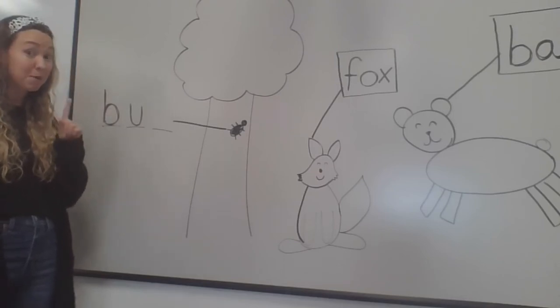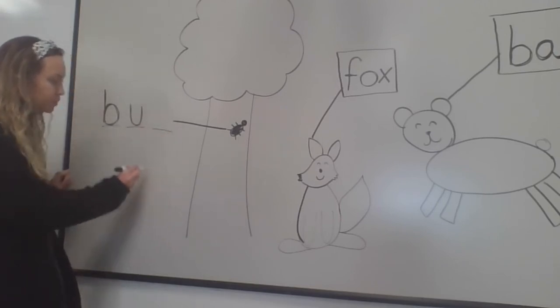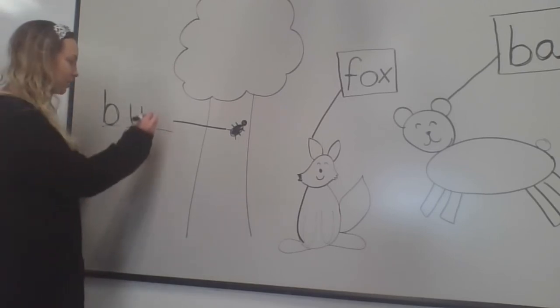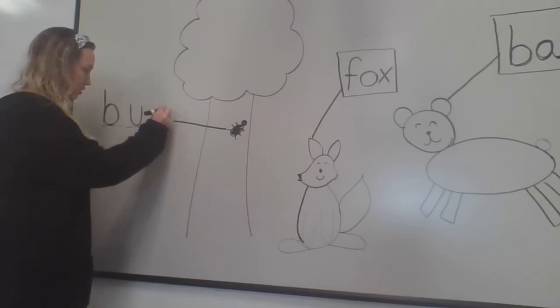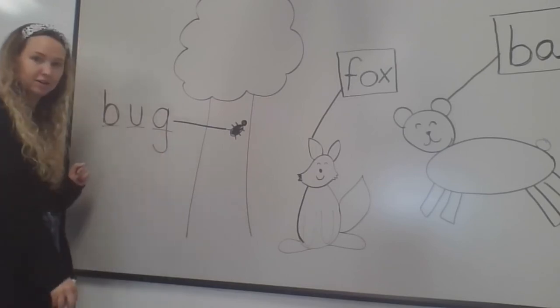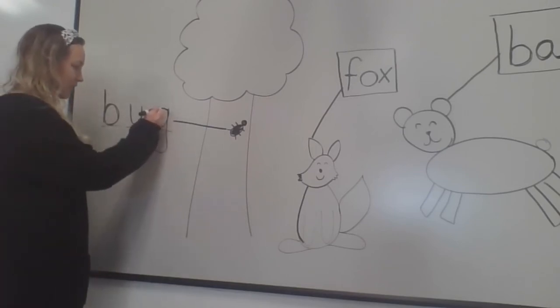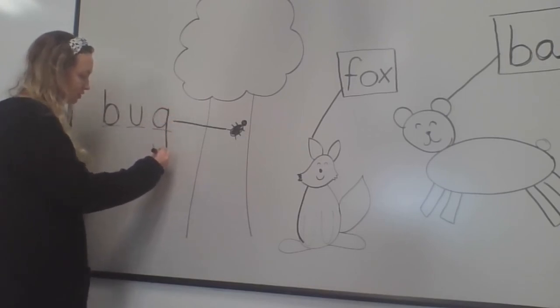We should write letter G. And remember, letter G is one of those silly ones that has the tail that drops below the line. So let's go ahead and write the letter G. First the circle, then we drop down, give it a little tail. Okay, can you go ahead and write that on your paper? I'll make mine darker so you can see it better. Write the letter G to show the sound G.